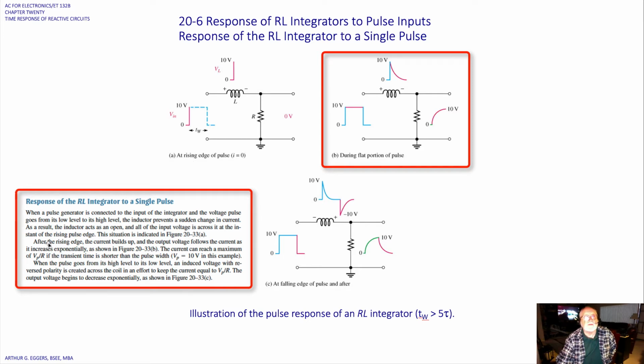The current can reach a maximum of V over R if the transient time is shorter than the pulse width. In this case, our peak value, VP, is 10 volts.